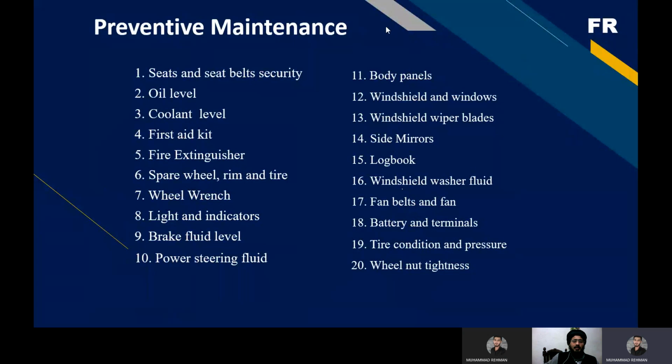Normally people don't keep a first aid kit in the car, but it is necessary. If there is an emergency, you have to use it. Then comes the fire extinguisher. The fire extinguisher will be helpful when your car might catch fire. And then is the spare wheel. Most car drivers keep spare wheels, spare tires. And then is the wheel brace and other things too.